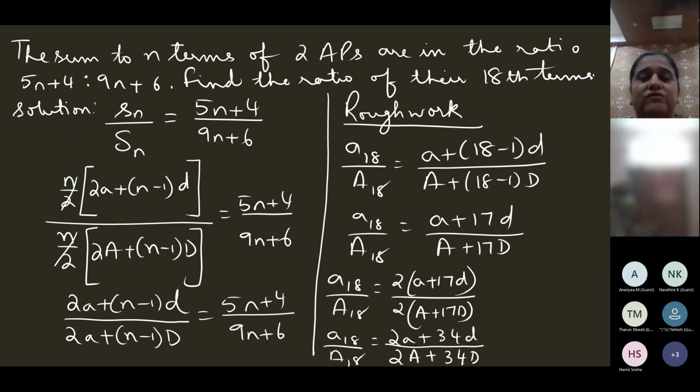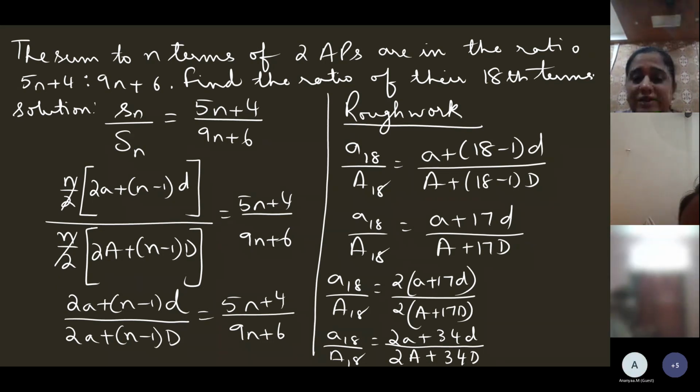If it is a sum to the first 50 terms in the first AP, it's the sum to the first 50 terms in the second AP also. So n is the same. Number of terms, n, is the same, but they're two different APs, so they have different first terms and different common differences.